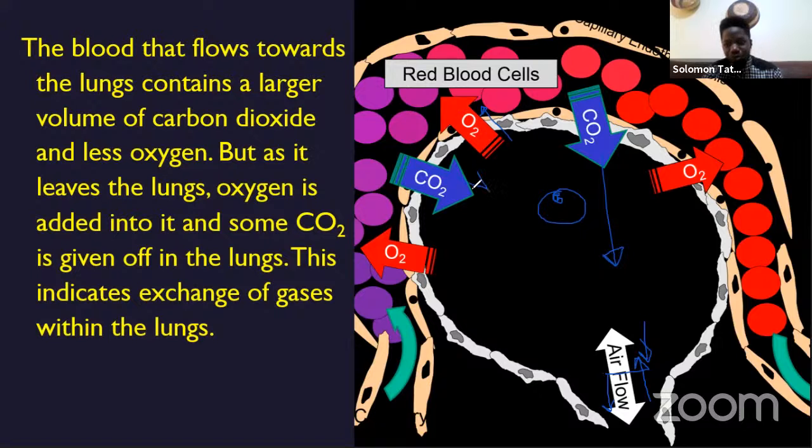That is not true. Some of it will diffuse out on another alveoli, or continue throughout the blood and come back later.